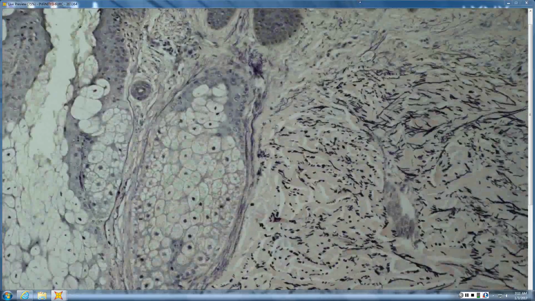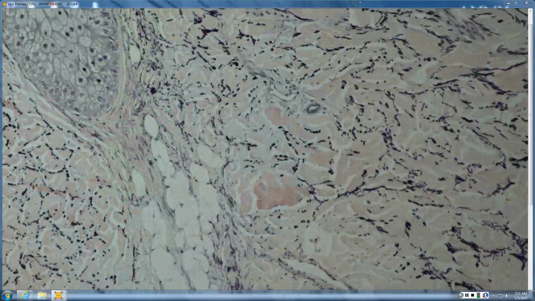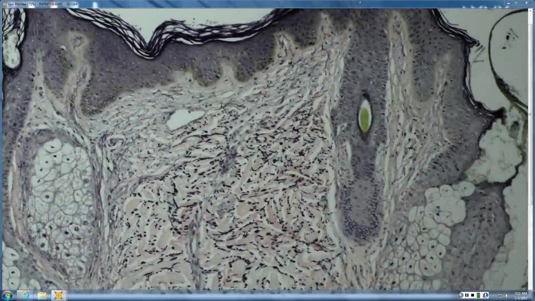And if you can find some fibrous sheaths, it's pretty normally distributed and vertically oriented within these fibrous remnants. And so this is a normal elastic pattern. So alteration of this elastic pattern can be very helpful in trying to tease out the different scarring alopecias.